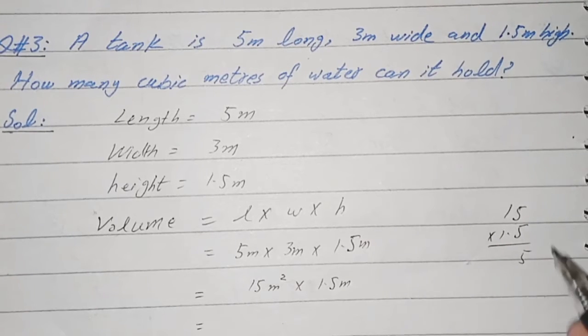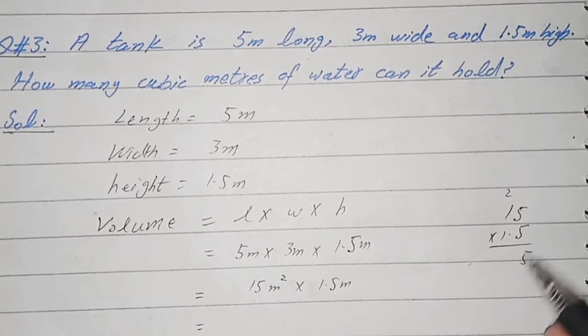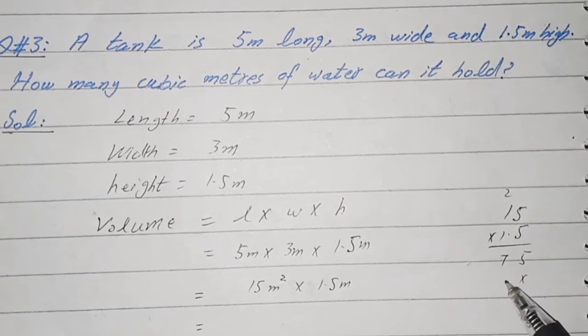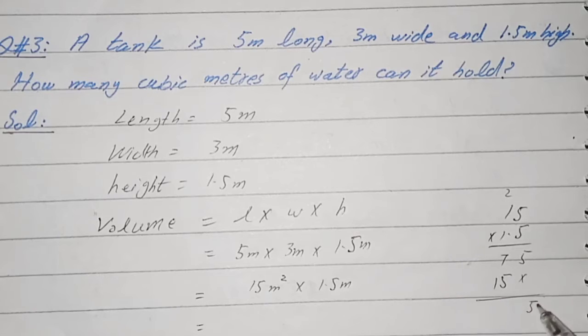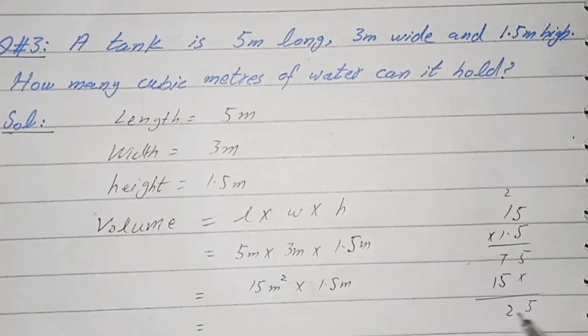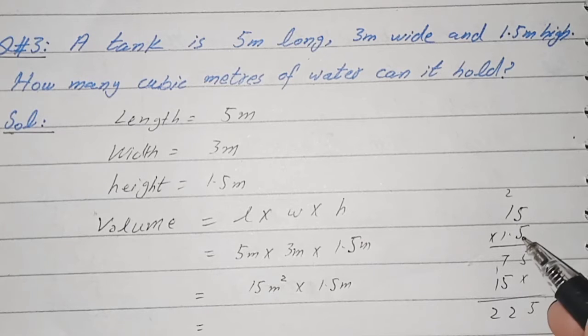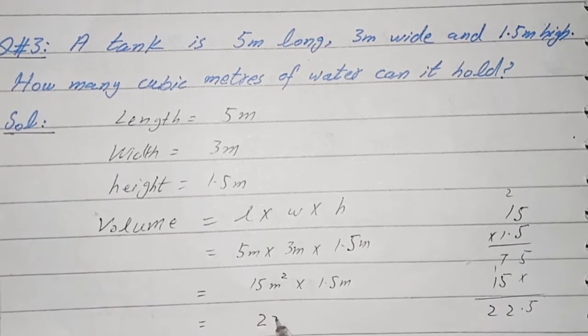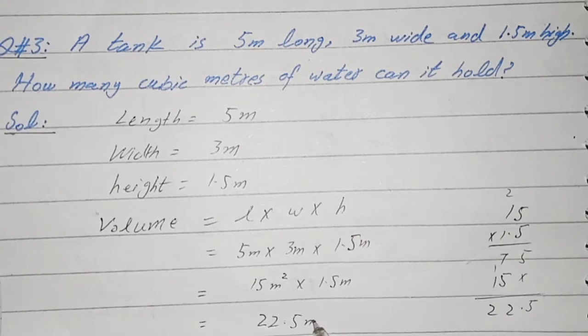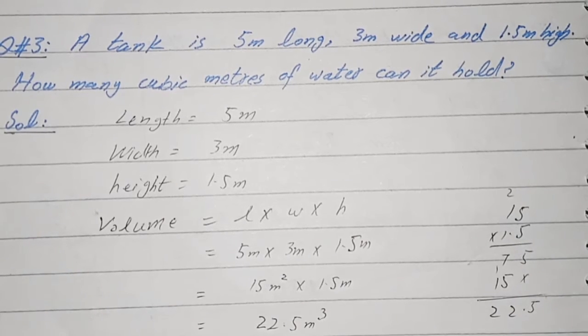5 times 5 is 25, 5 on the 5 and 2 is 7, 1 times 5 is 5, 1 times 1 is 1. 5, 7 and 5 is equal to 12, 1 and 1, 2. 225, the decimal point will be after one digit, that is 22.5 meter cube.